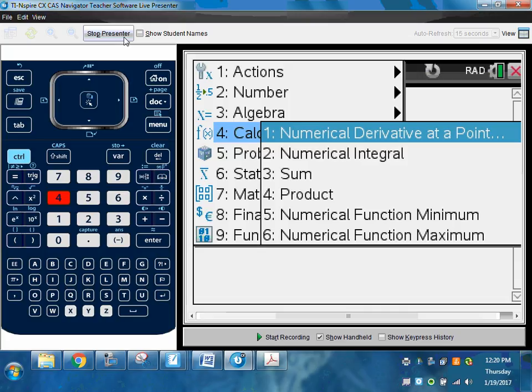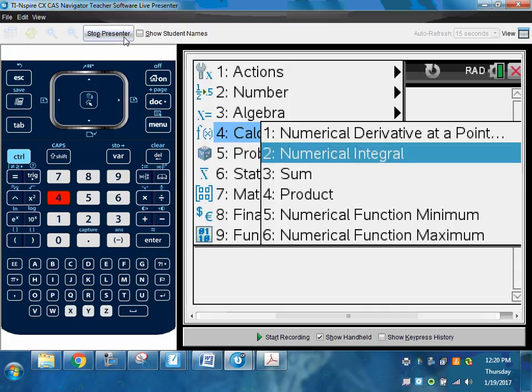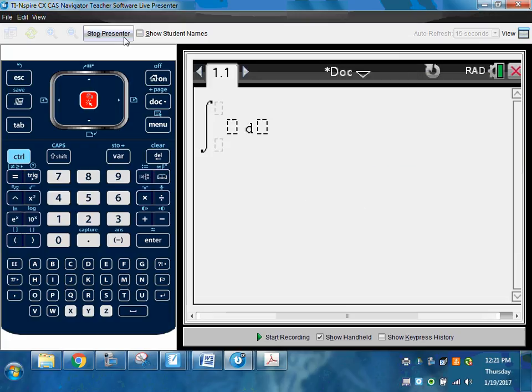Numerical integral, so select that. And the rest is fill in the blank. So do it. We'll start at the first one, then go to the second and the third. Enter.